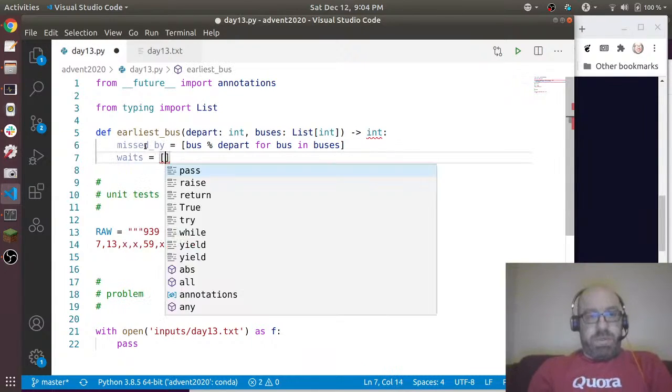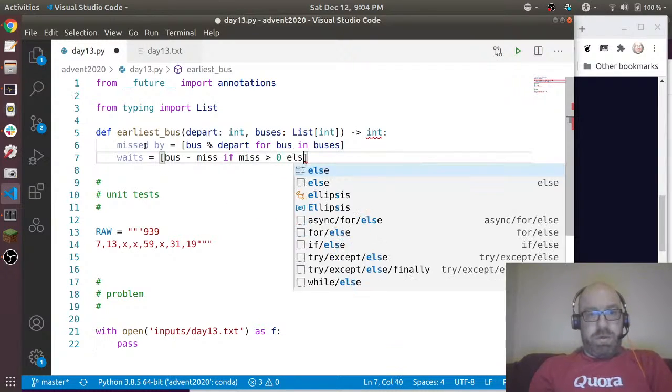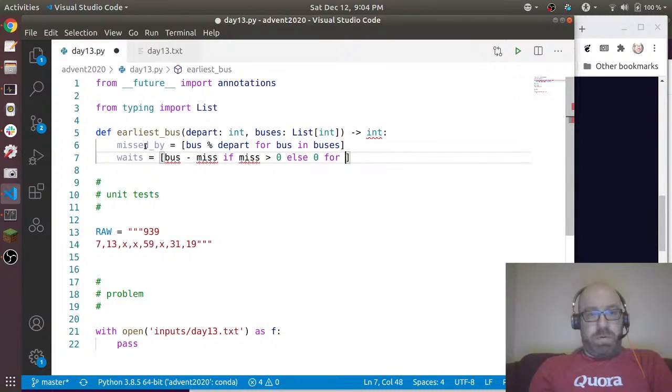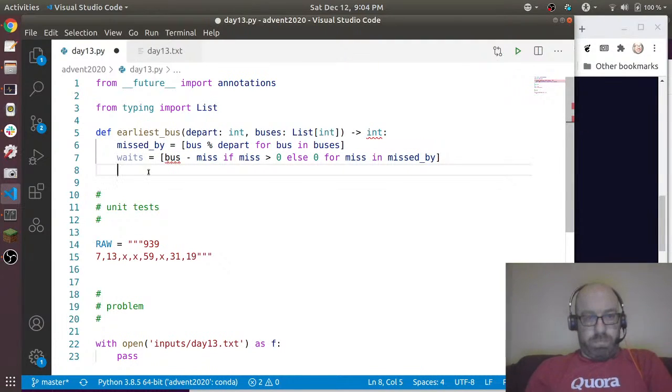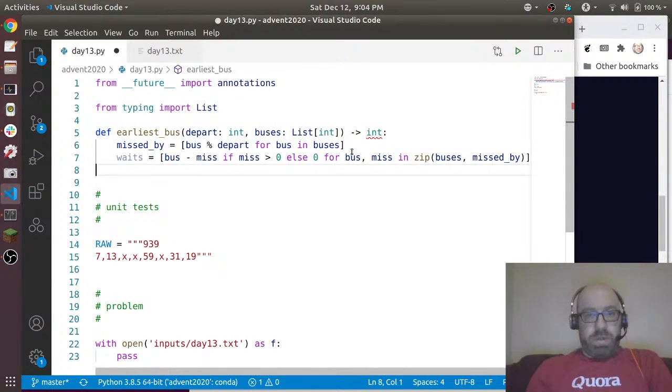Okay, weights equals bus minus miss if miss is bigger than 0 else 0 for miss in zip of buses and missed by. Okay.